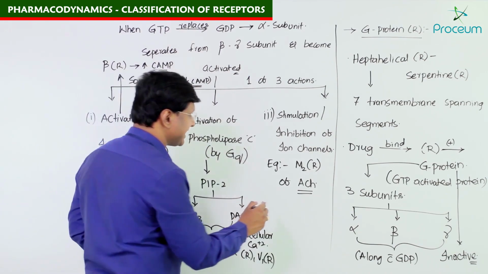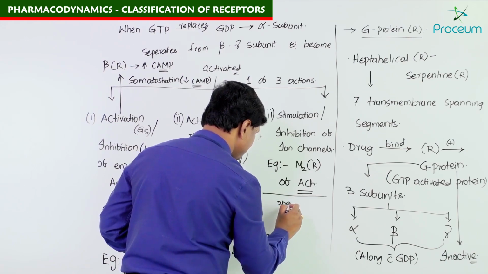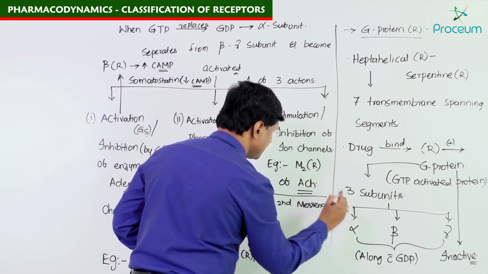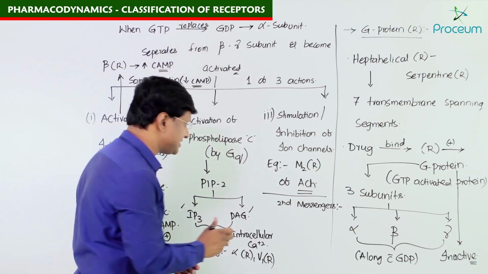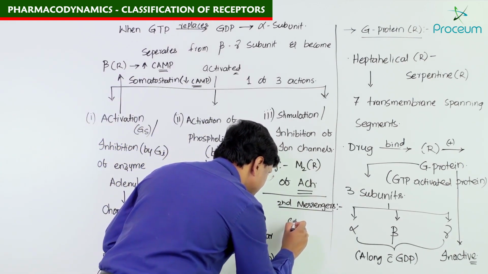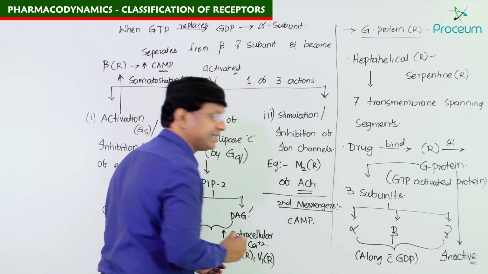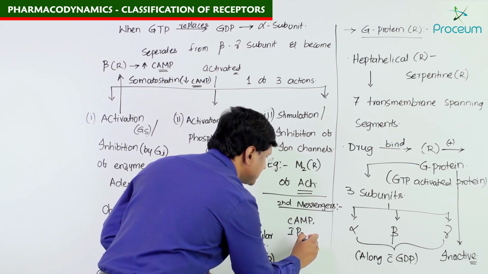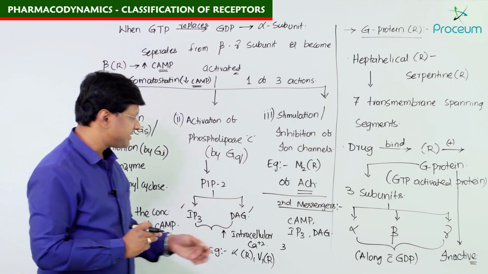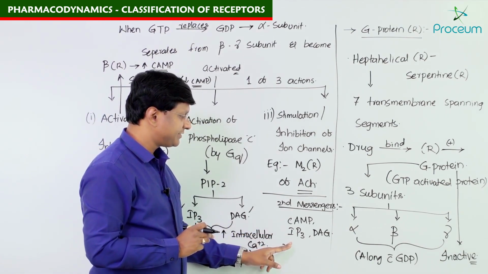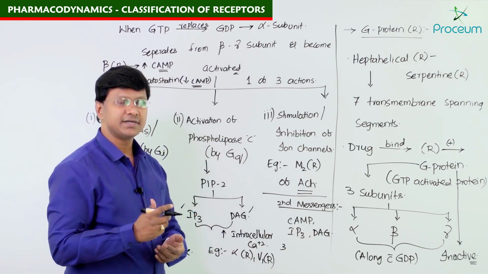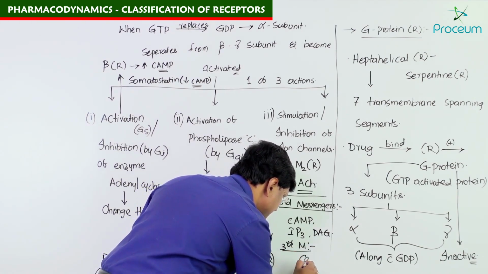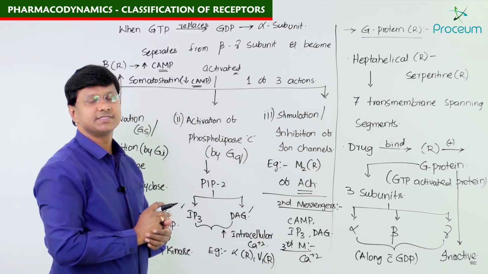The second messengers include cyclic AMP, inositol triphosphate and diacylglycerol. And the third messenger is the calcium.